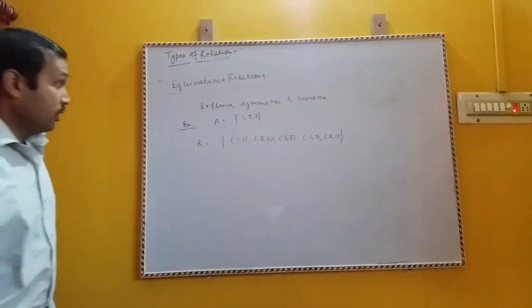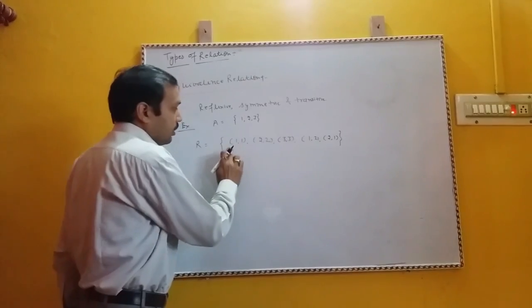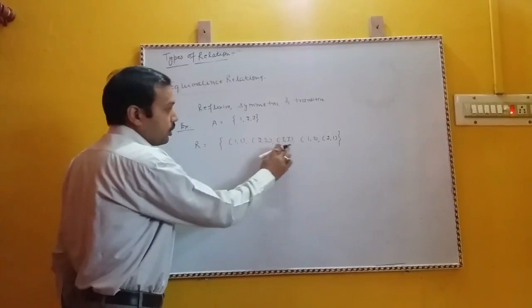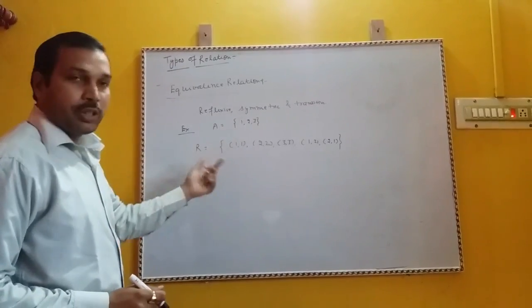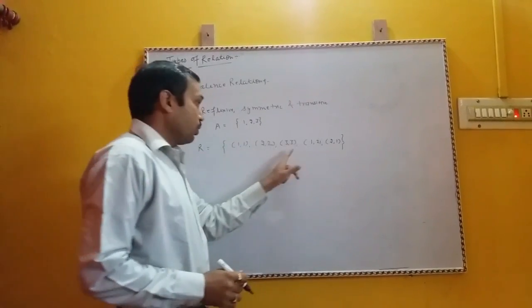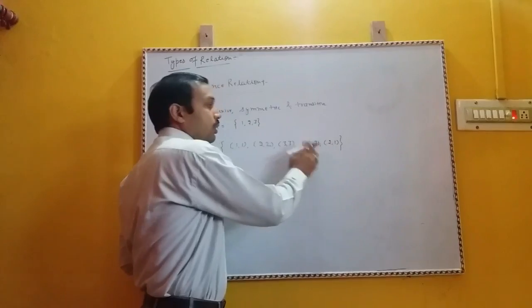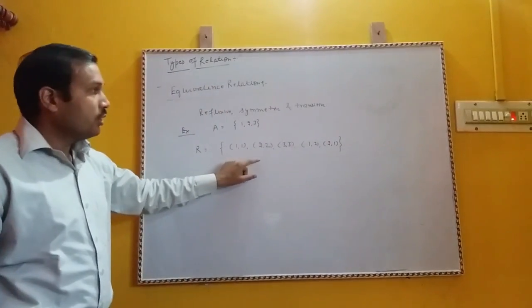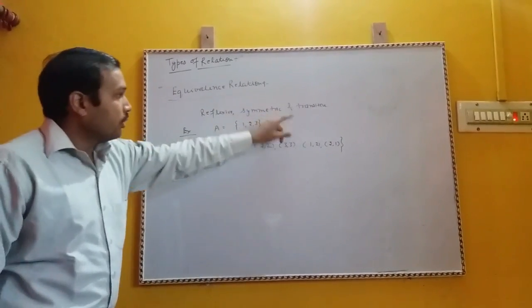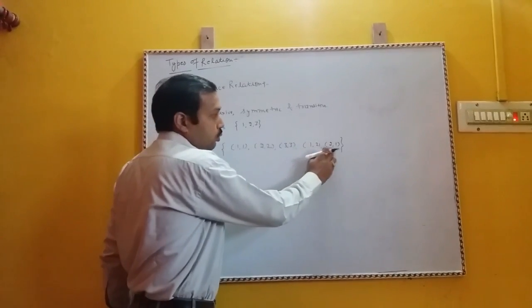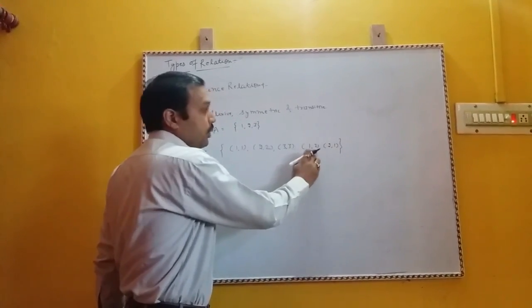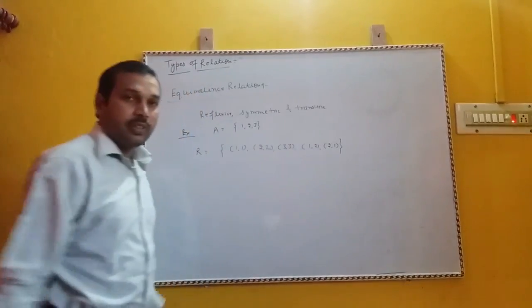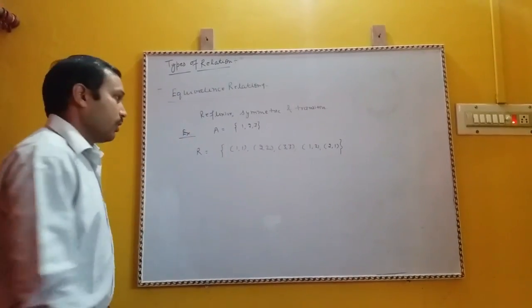You can see obviously this relation is reflexive as (1, 1), (2, 2), (3, 3) belong to R. Also it is symmetric: the reverse of each pair also belongs to R, including (1, 2) and (2, 1). For transitive, it has (1, 2), (2, 1), (1, 1). If you see from here, (2, 1), (1, 2), (2, 2), and all others also satisfy the condition.